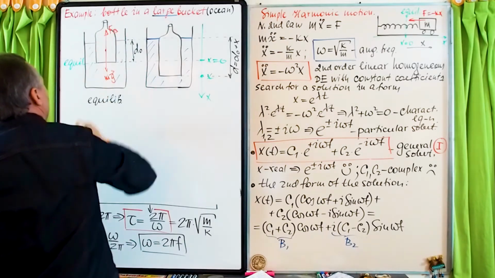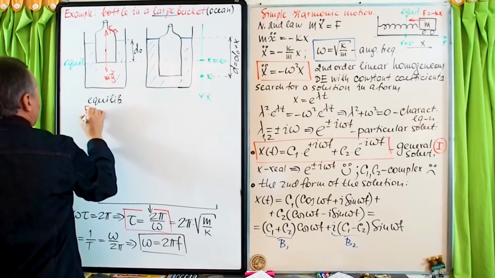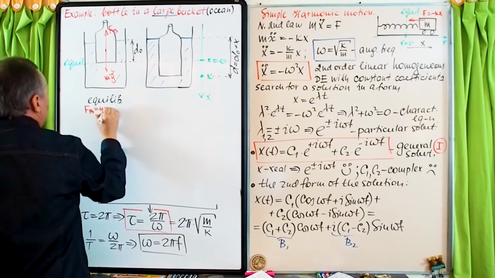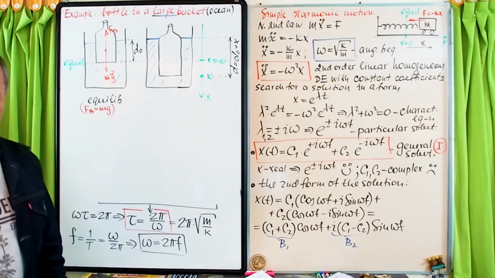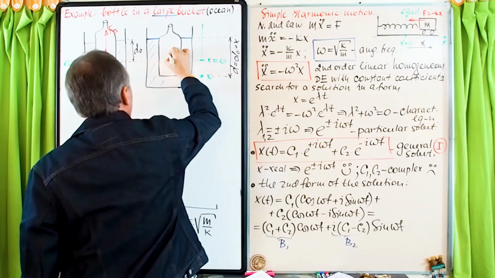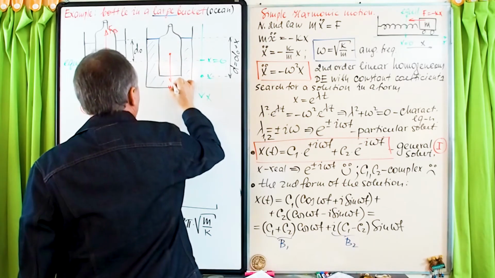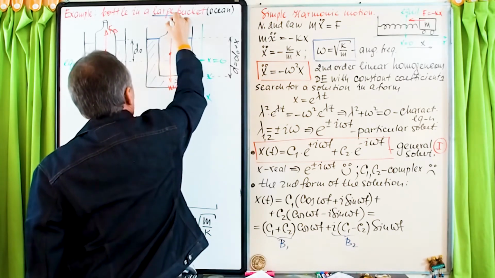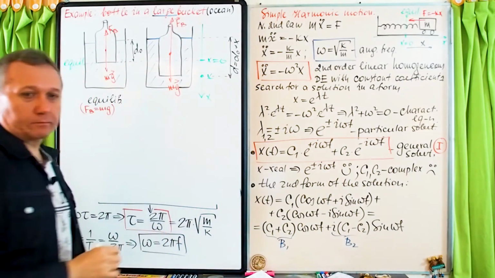So in this case, Fb equals mg in the equilibrium, right? But in this case, of course, buoyancy force is going to be larger. So mg and the buoyancy force.